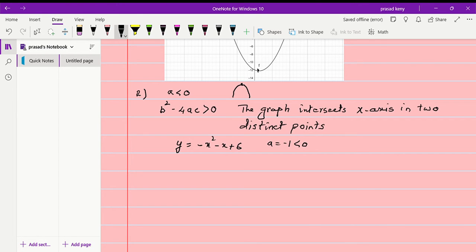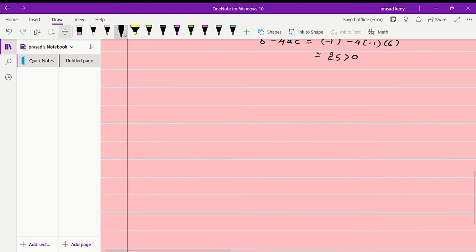So the graph will be a U opening downwards with a maxima, and b square minus 4ac, the discriminant in this case, is negative 1 the whole square minus 4 into negative 1 into 6, which is 25, greater than 0. That means the graph will intersect the x-axis in two distinct points. So let us see this graph.